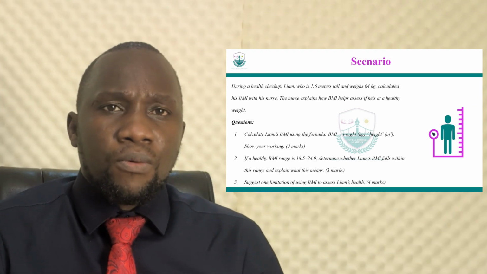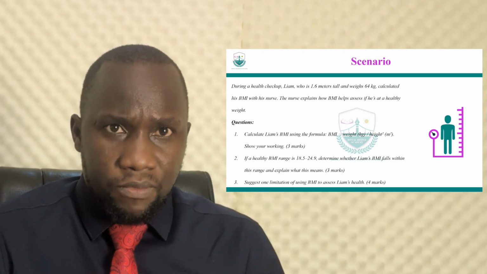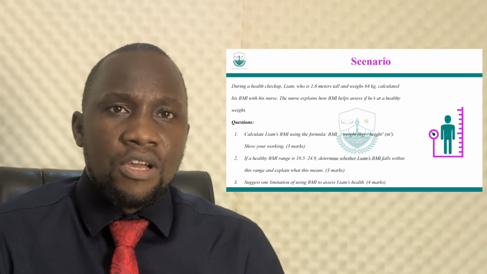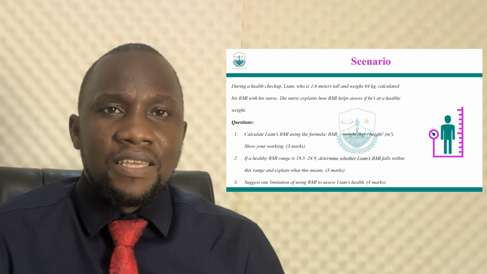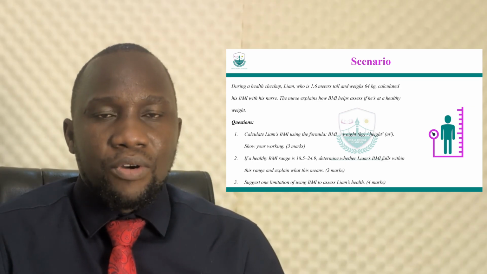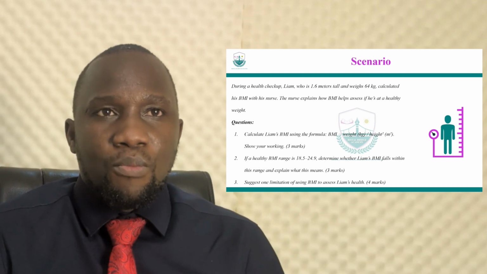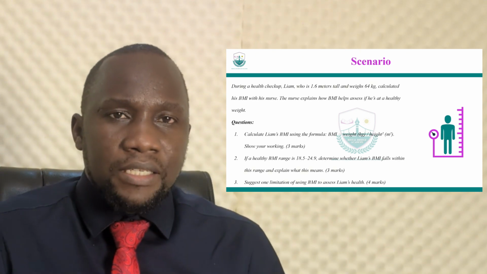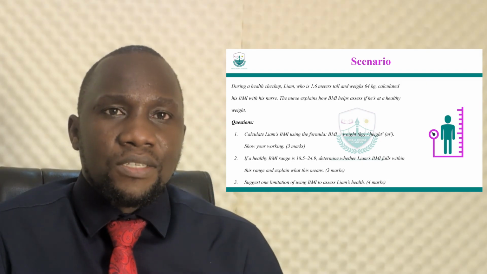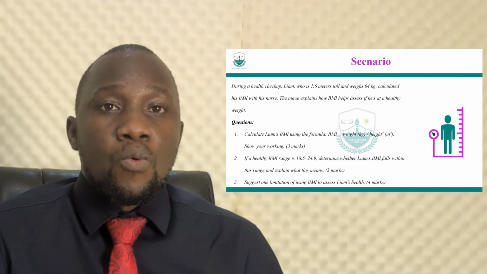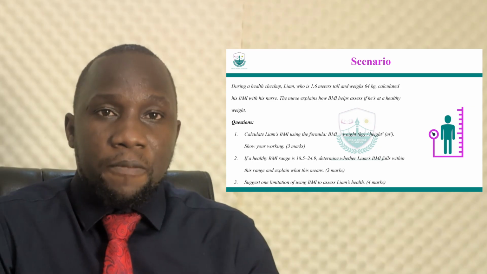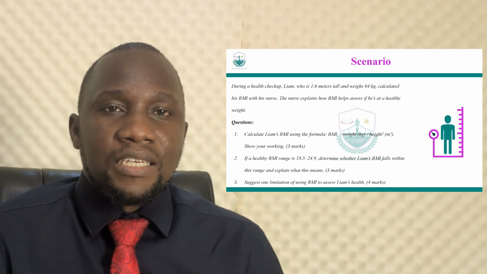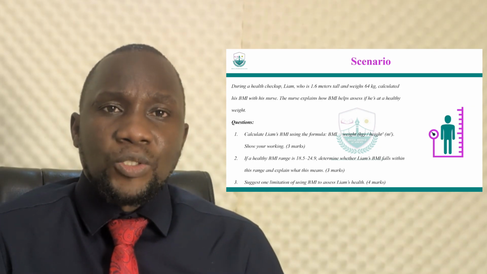If we know that the normal range for the body mass index is 18.5 to 24.9, having determined the body mass index for Liam, where does that BMI fall?